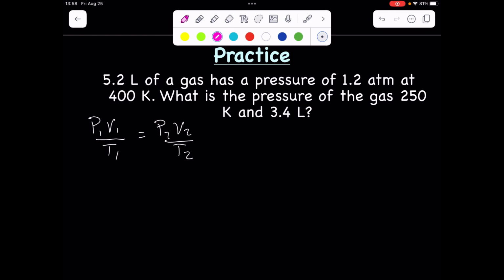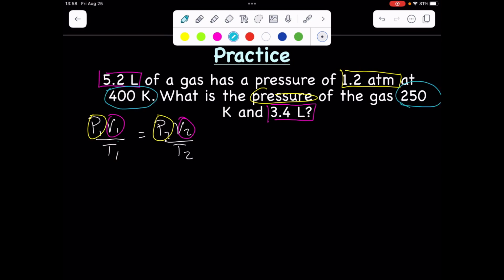Well, L is volume, so I have 5.2 liters and 3.4 liters, so we definitely have volume to worry about. ATM is pressure, so we have pressure there, and then it asks us for the pressure. And oh no, we also have K, which is our temperature.